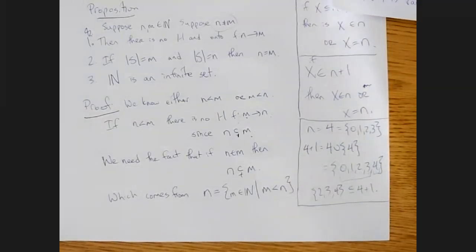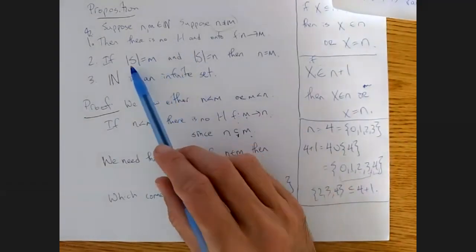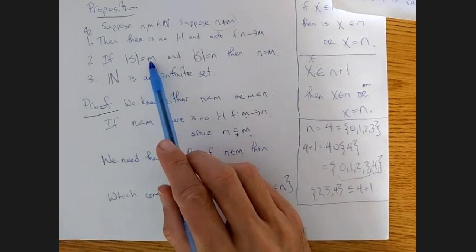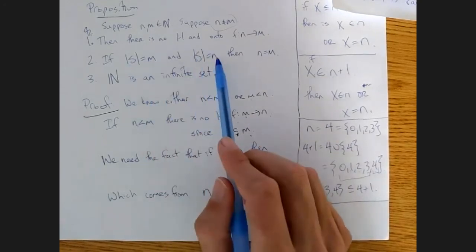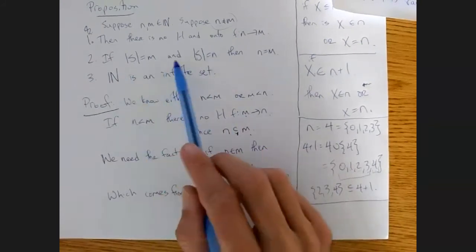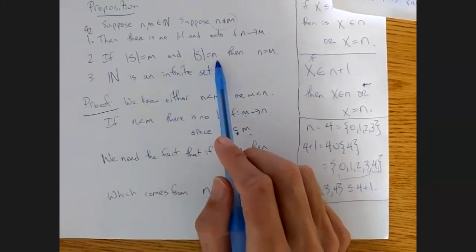Now for the second part, if the cardinality of S is both m and n, it means we have a one-to-one and onto function from m to S, and a one-to-one and onto function from n to S, and then you can join those up to get a one-to-one and onto function from n to m.